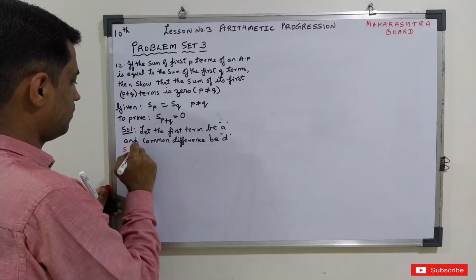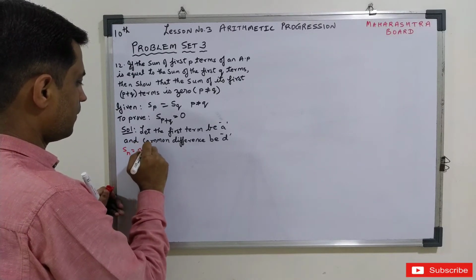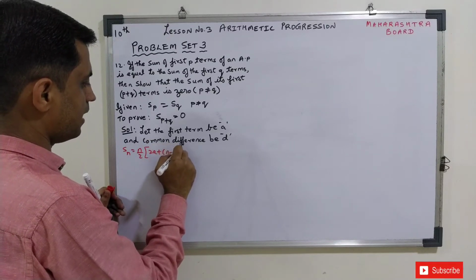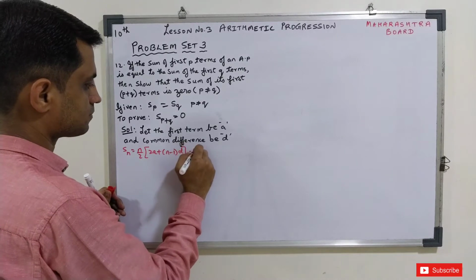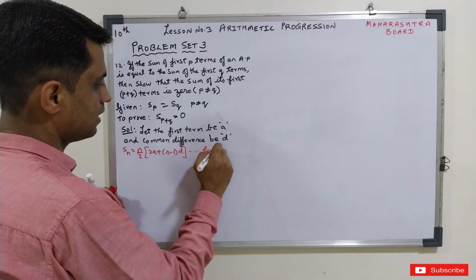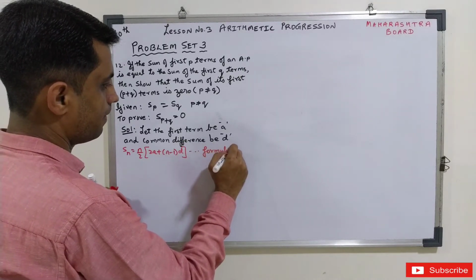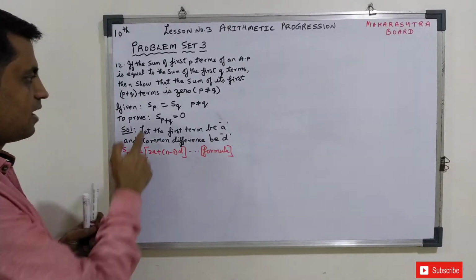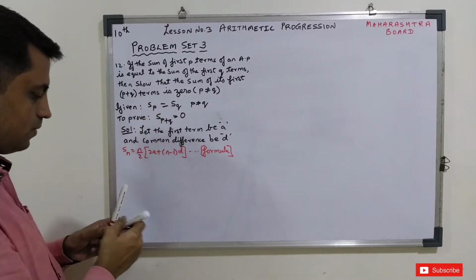Sn is equal to n upon 2 (2a plus n minus 1 into d). This is our formula. With the help of this formula we will get SP and SQ.